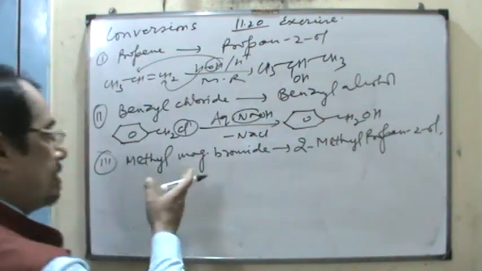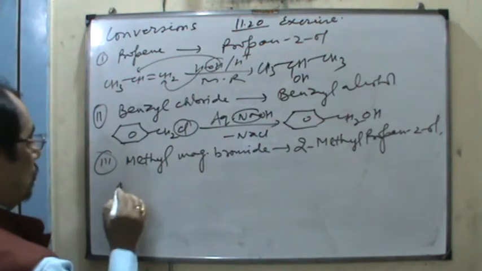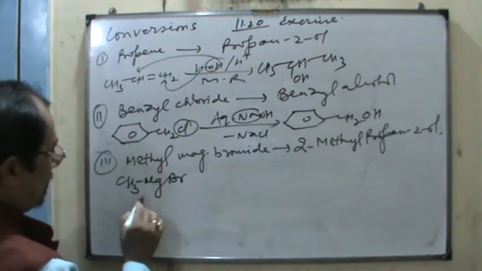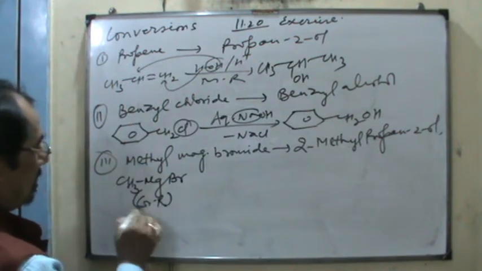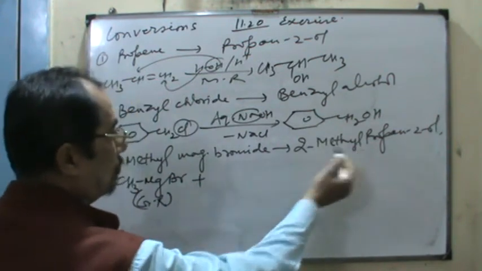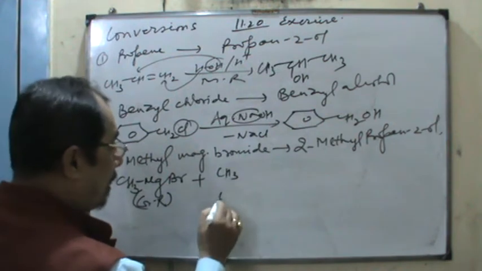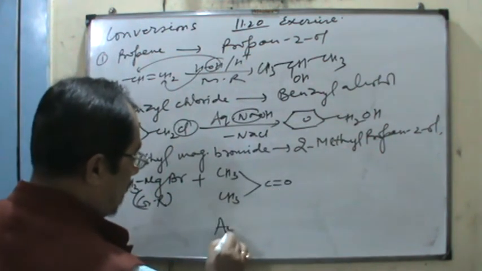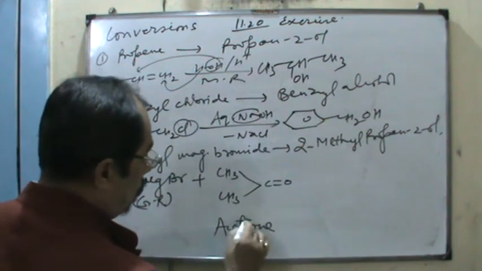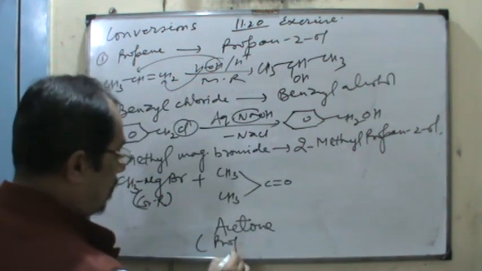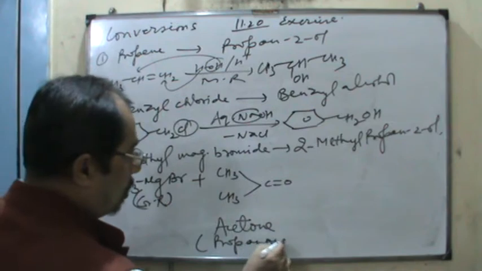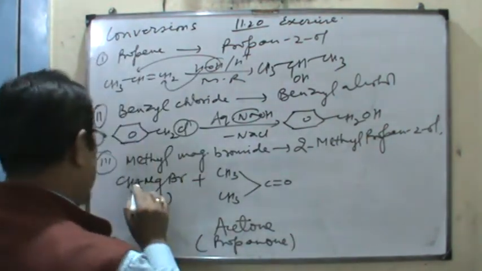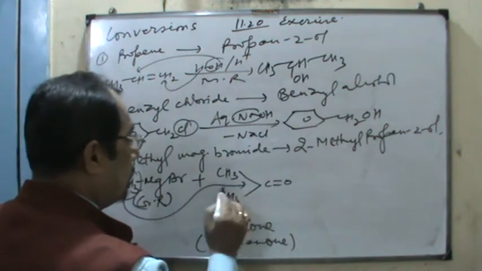It is the same part. You take methyl magnesium bromide. It is the Grignard reagent and it is for tertiary alcohol. That point is important here. You take acetone, or propanone, or dimethyl ketone. So addition takes place here.